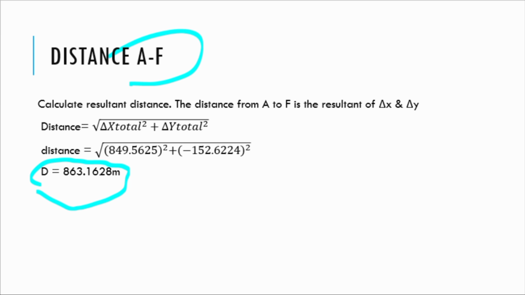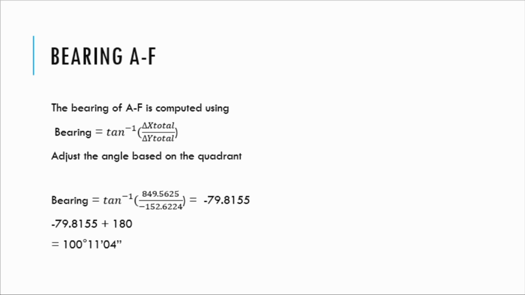We move on to the bearing. So the bearing of AF is computed using another simple formula. I'm sure you are familiar with it. So bearing is equal to tan inverse of the total summation of X over the total summation of Y. These formulas, we use them somewhere, I'm sure you remember. Then we adjust the angle based on the quadrant. So first of all, the bearing is equal to tan inverse.